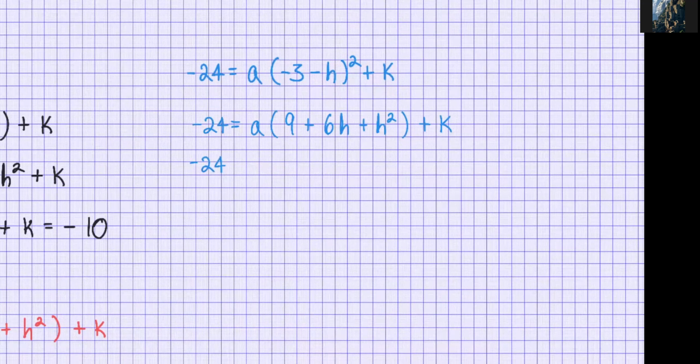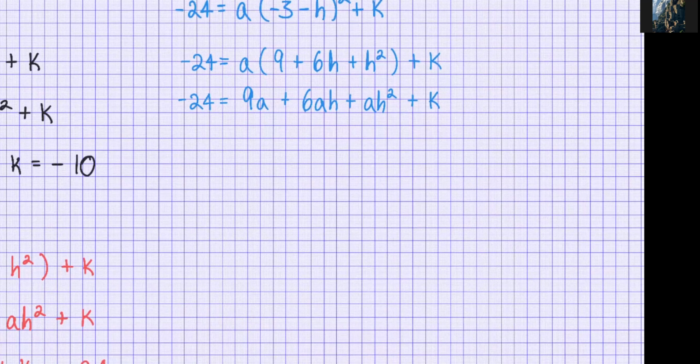Distributive, negative 24 equals 9a plus 6ah plus ah squared plus k. Final rearrangement, ah squared plus 6ah plus 9a plus k equals negative 24.